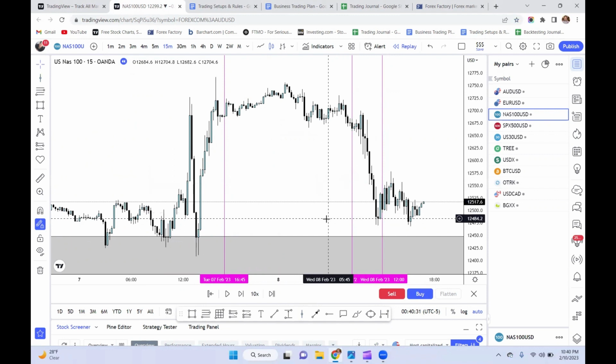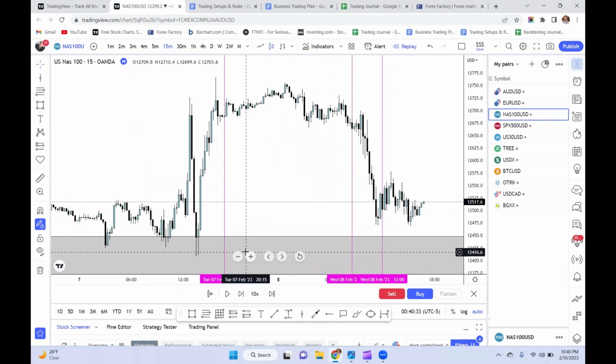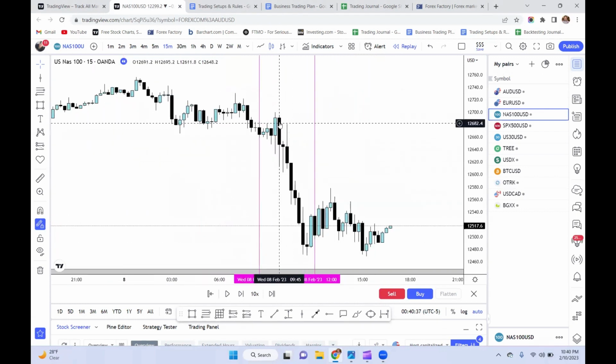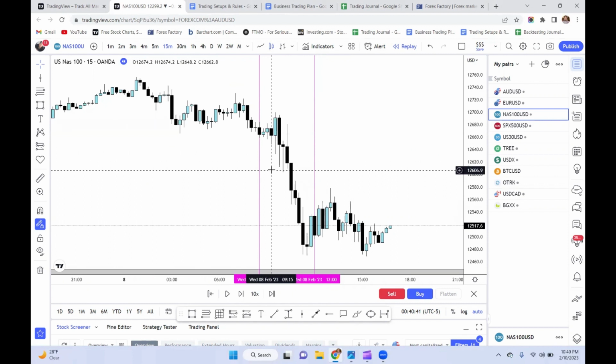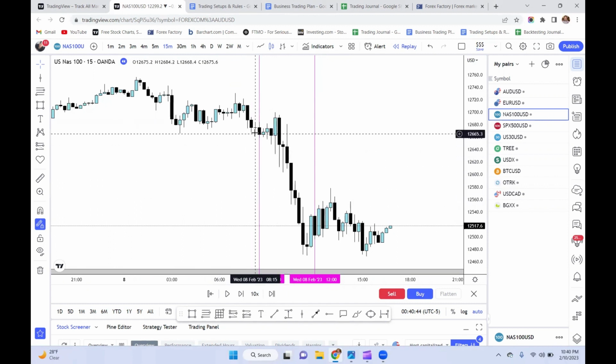So I'd be looking for a buy, but it's very obvious that this whole session was bearish. And you could tell right away that it actually retraced. If you look to the left, there's liquidity up here, so there was no liquidity run, but there was a fair value gap right here.